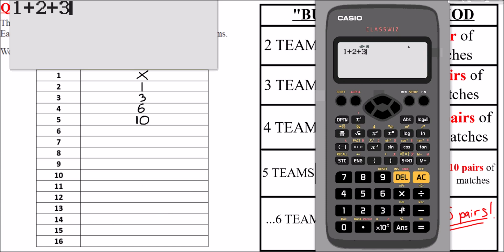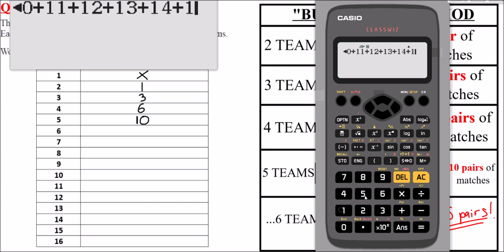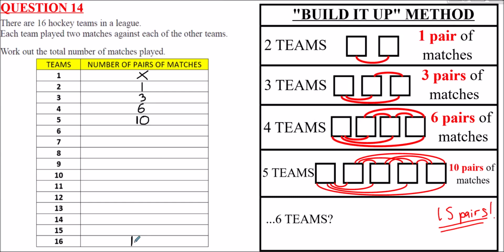So keep adding up as we go, carefully. 9 plus 10 plus 11 plus 12 plus 13 plus 14 plus 15. That gives you 120. Doing it the very long way, it'd be adding them up like this.